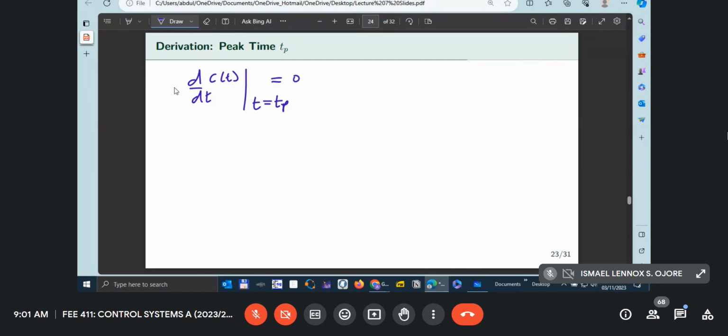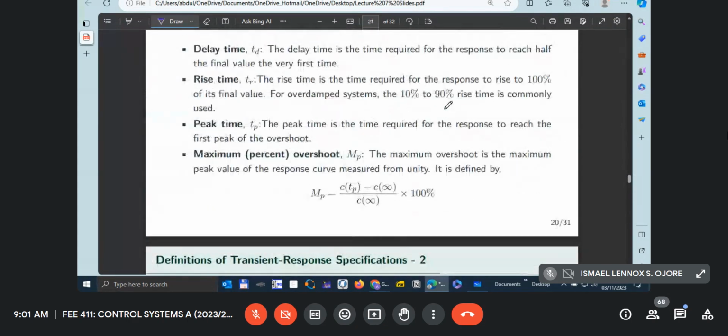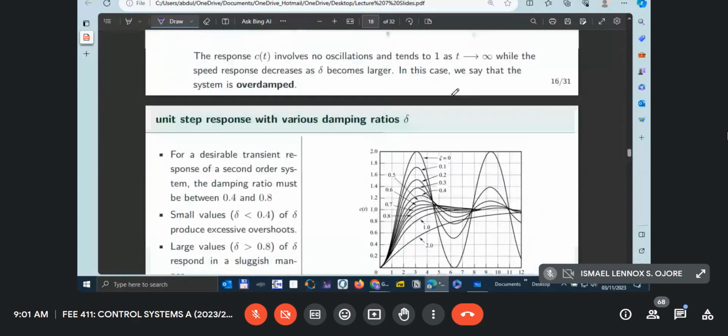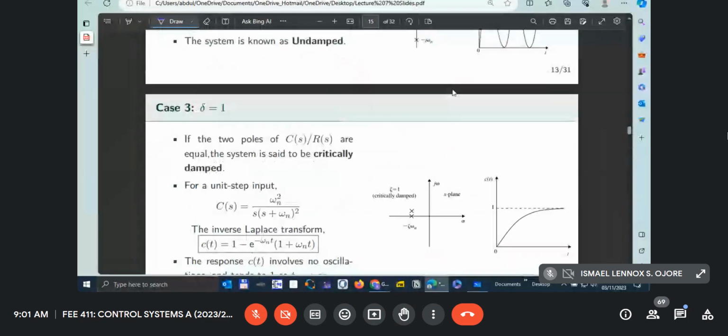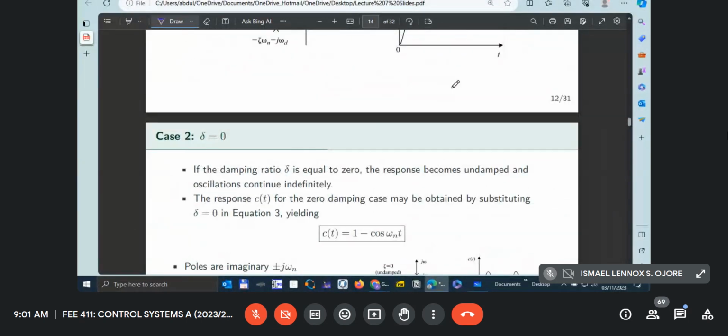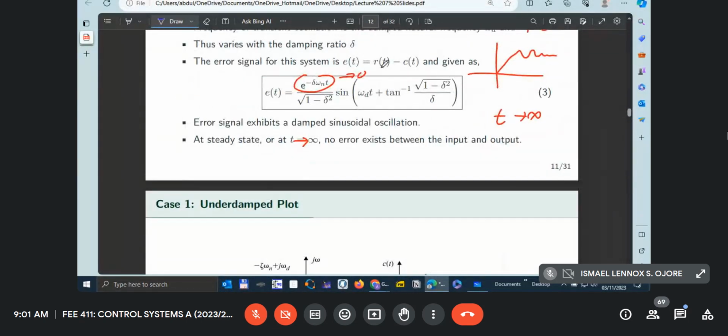So we need to differentiate this big equation. You can see we have t here and also t, so you apply the product rule.